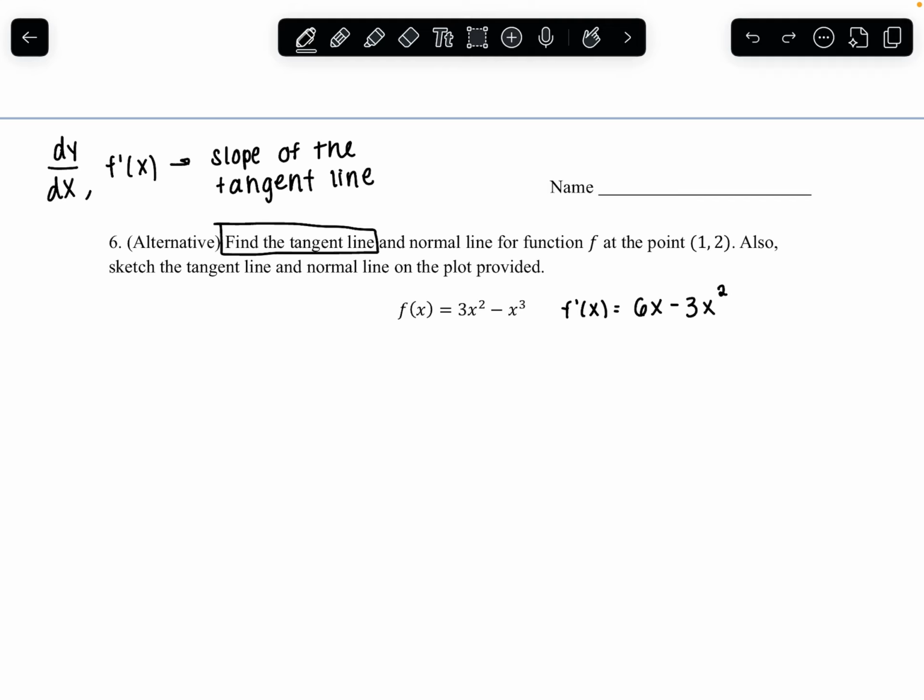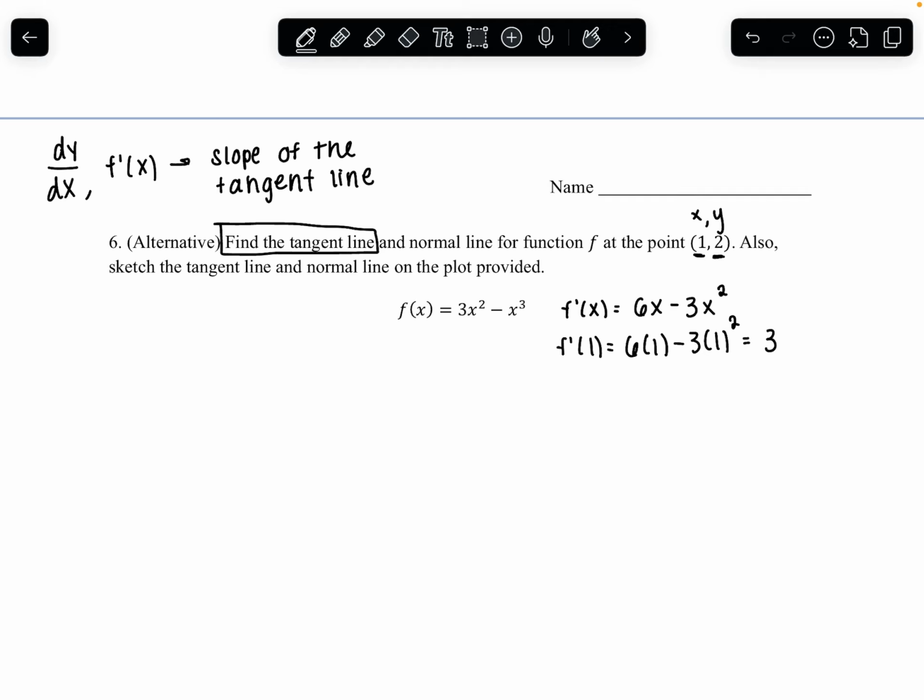So we're concerned with the point (1, 2). Remember, this is x, comma y. So what x value do I need to plug into my derivative to figure out the tangent line? Well, 1. So I do f prime of 1, which is 6 times 1 minus 3 times 1 squared, which is 3.